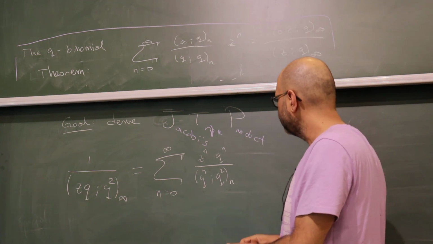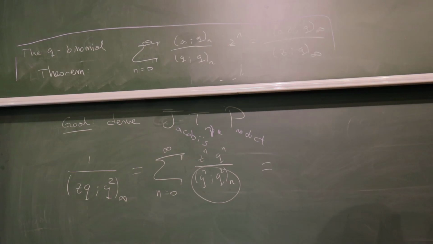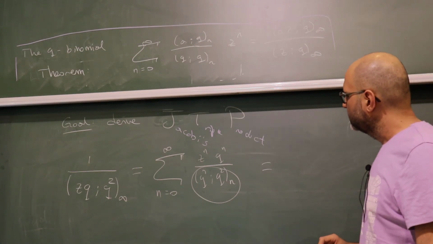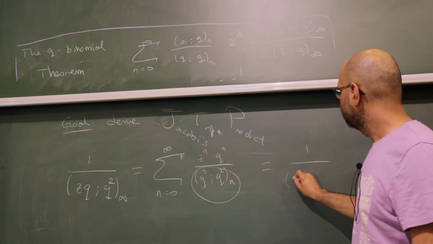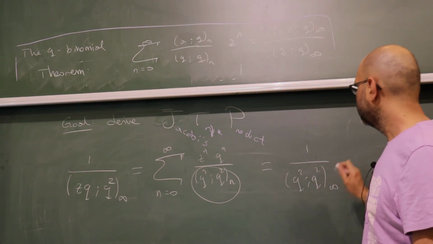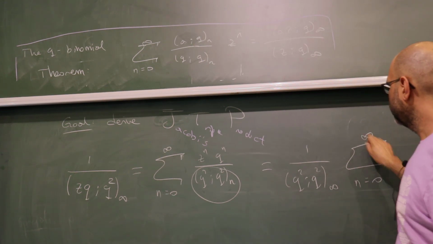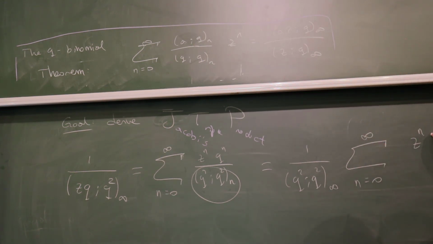If you multiply and divide by the same thing to make this an infinite product, we are going to get 1 over (q^2; q^2) infinity times the sum from n equals 0 to infinity of z^n q^n.